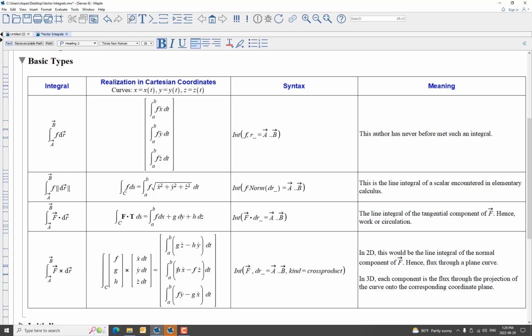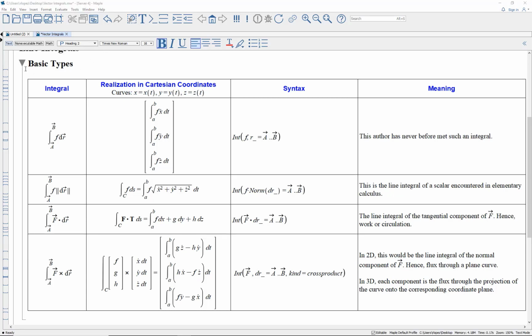H would be 0. So these two integrals would not be there. And this is the flux integral, f dy minus g dx. This is the flux integral for a plane curve. It's the normal component. So these are the normal components integrated along the projection of a space curve onto a coordinate plane. That's the only sense I can make out of this.